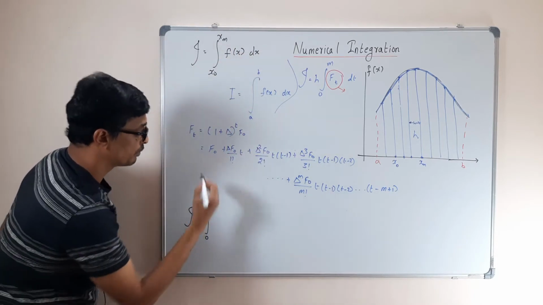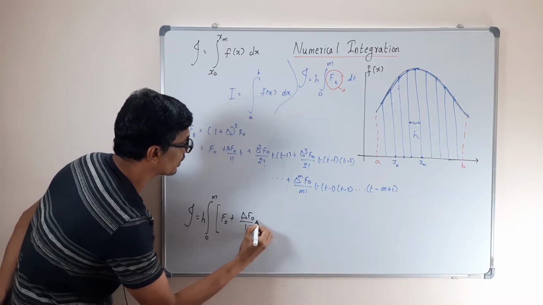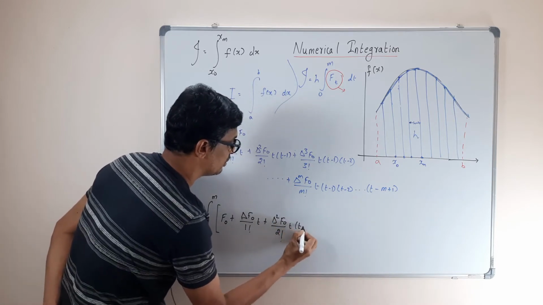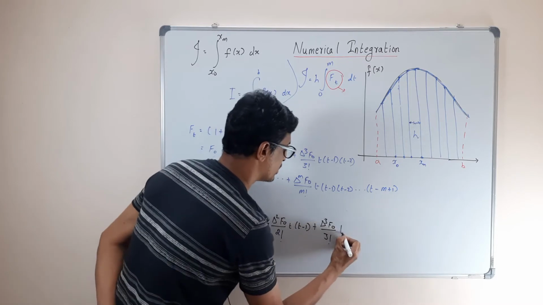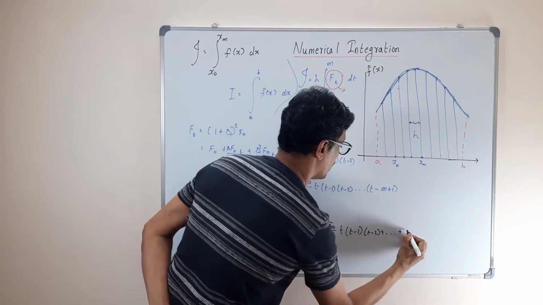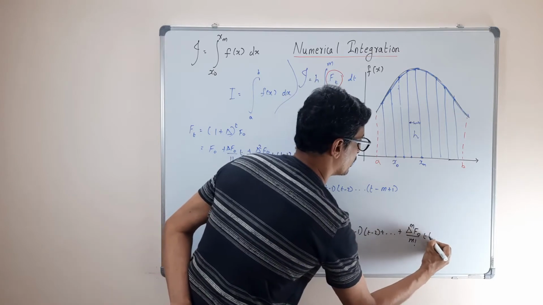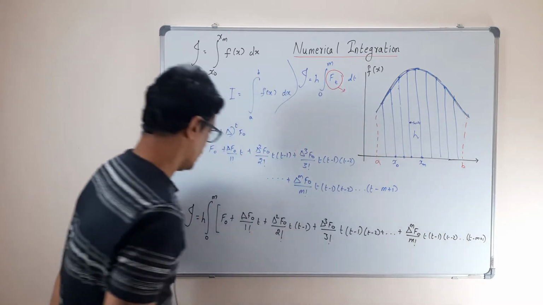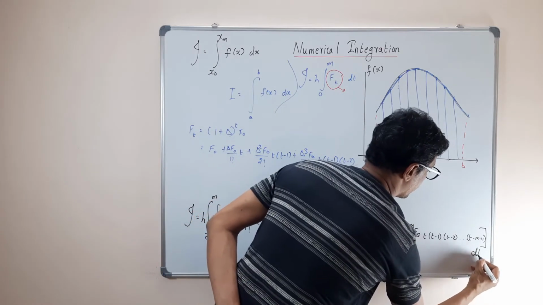Zero to m, and in the place of f of t, I can write this function f0 plus delta f0 by 1 factorial t plus del square f0 by 2 factorial t into t minus 1 plus del cube f0 by 3 factorial t minus 1, t minus 2, plus up to the mth difference f0 divided by m factorial, t into t minus 1, t minus 2, up to t minus m plus 1, and the whole thing into dt. I don't have space, so let me write dt here.